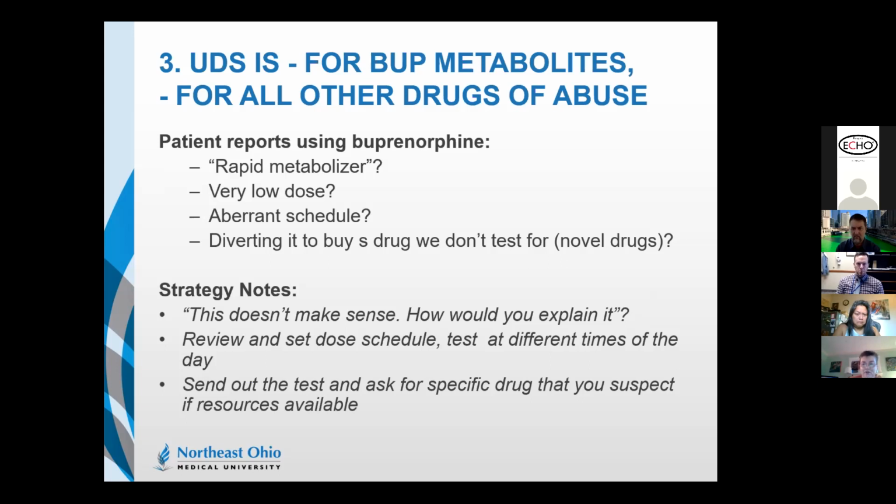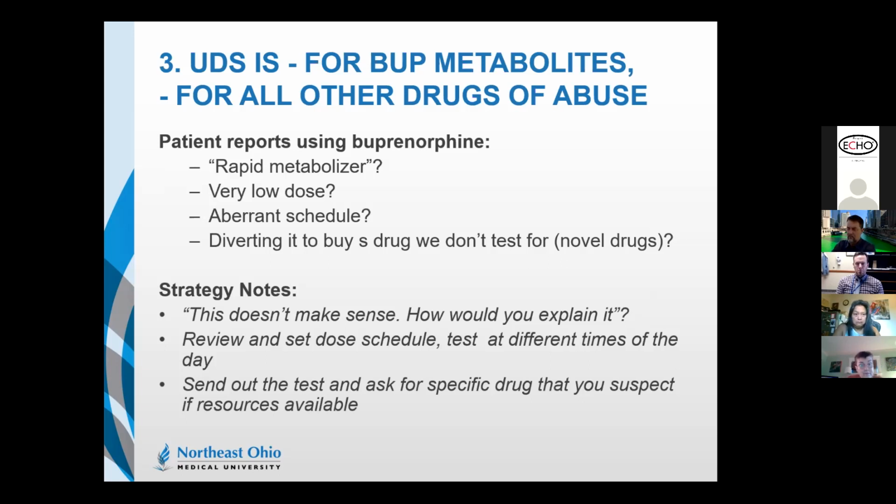Rapid metabolizers generally would have a little bit of norbuprenorphine. If the dose is very, very low, you may find that by the timing of the urine test, you're just not picking things up at the threshold of your test. You could think of this patient who may be using their medications in such a way that it's not going to show up positive, like my patient who was dividing her 8 milligram strip into 16 pieces and taking them at half-hour intervals.